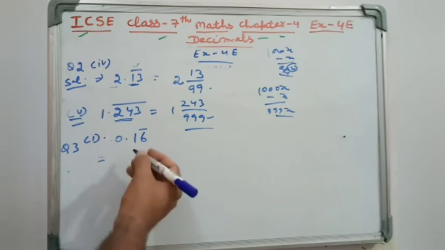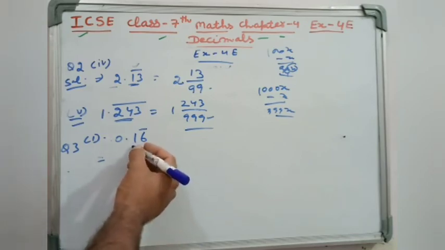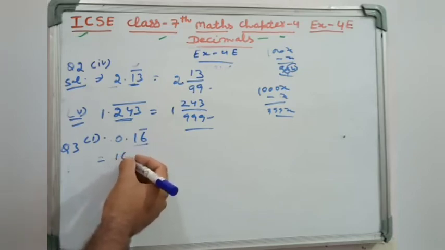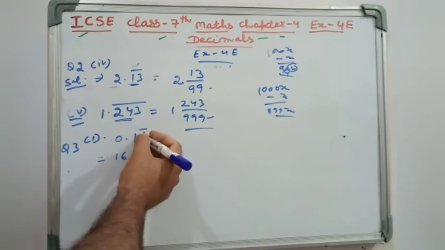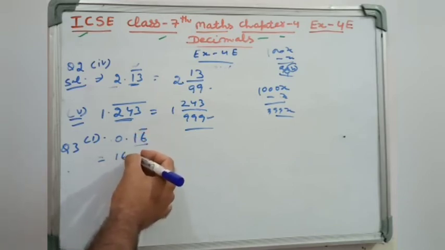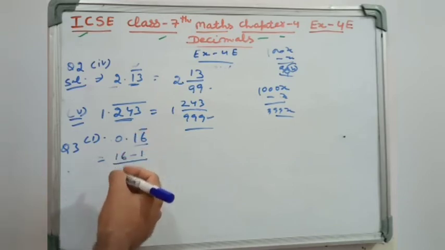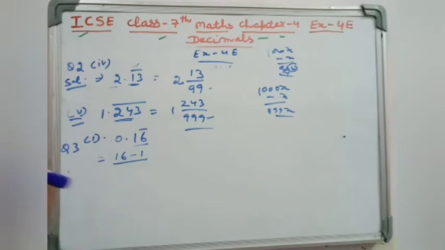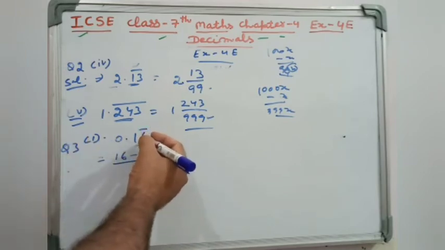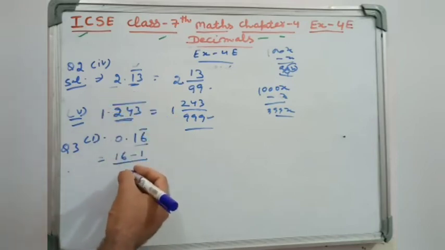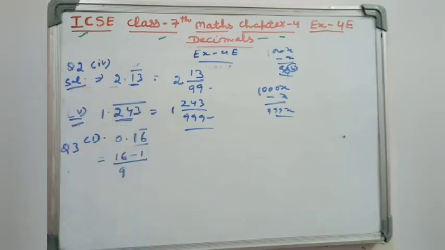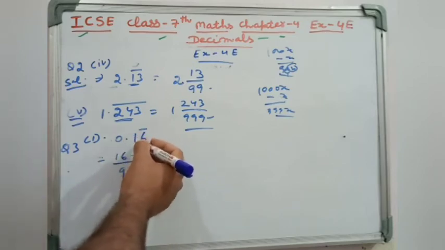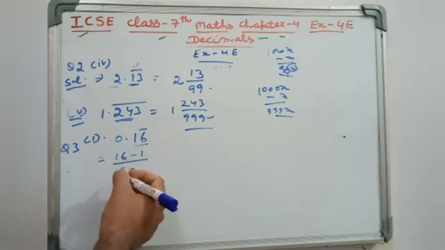So we will write this whole part here. The bar is only at 6. 1 is without the bar. We will subtract that from this, and as there is only one digit under the bar, we will write 9 for this, but there are 2 digits after the decimal, so we will write 0 here.